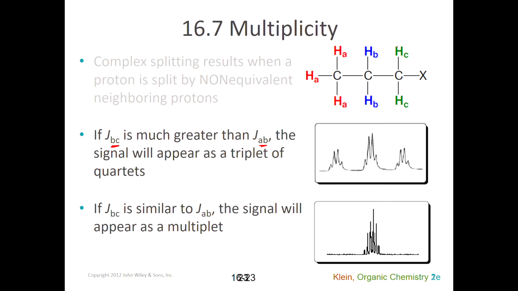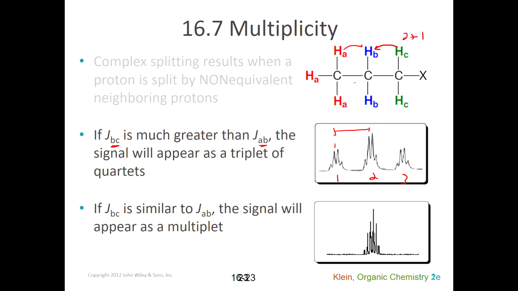So if C is splitting A with a large coupling constant, there are 2 hydrogens of type C, so that's 2 plus 1, that's a triplet. So that's why I get a triplet. 3 groupings of atoms at a larger distance because I have a larger coupling constant with which C is splitting A into triplets.